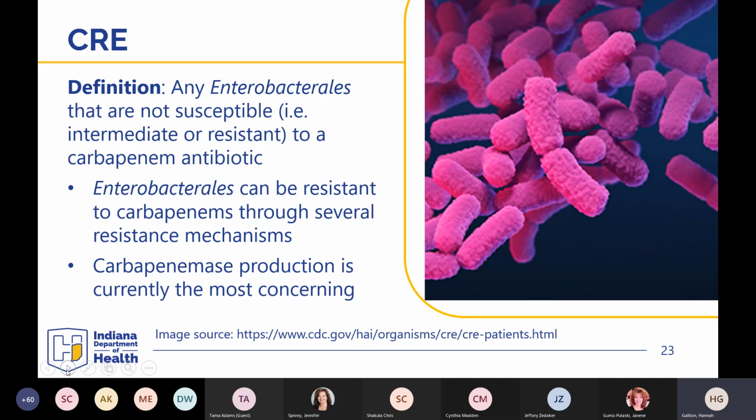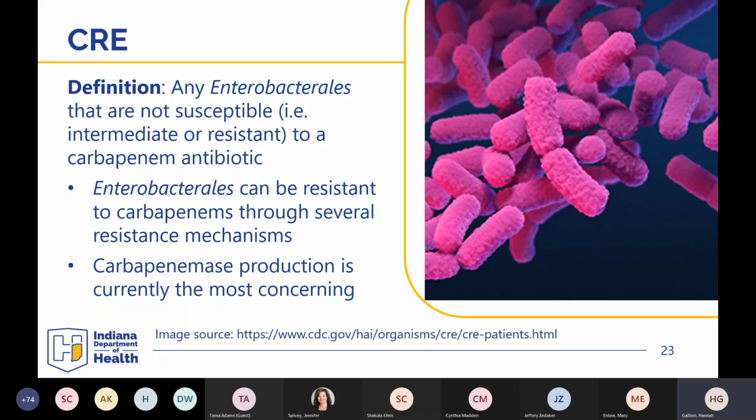Carbapenem-resistant Enterobacterales, or CRE, are currently listed as an urgent threat on the AR threat report. Enterobacterales are a category of bacteria that live in the GI tract of humans. Examples include E. coli, Klebsiella species, Enterobacter species, and many others.